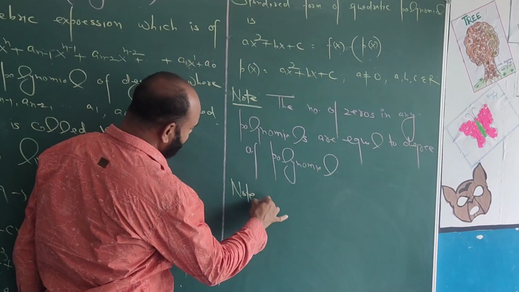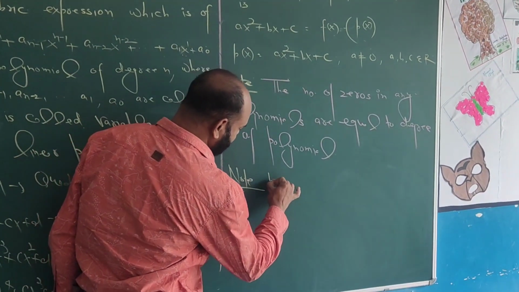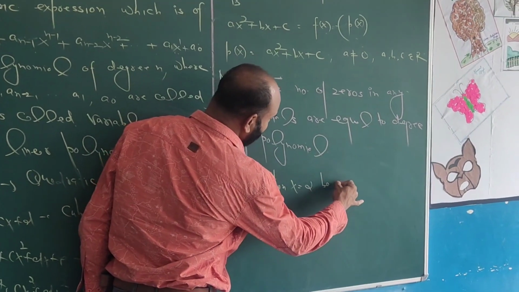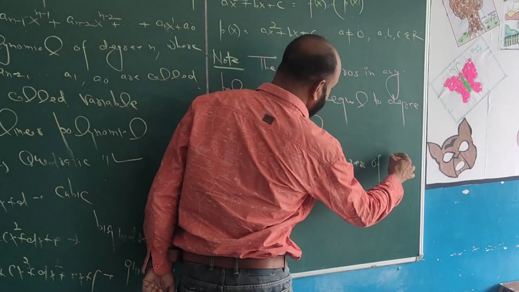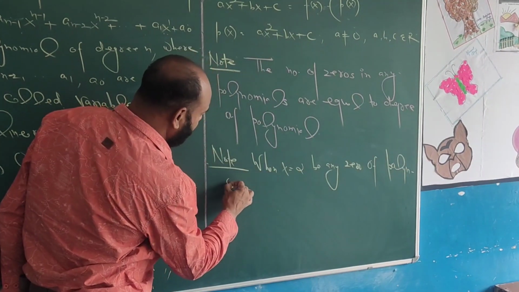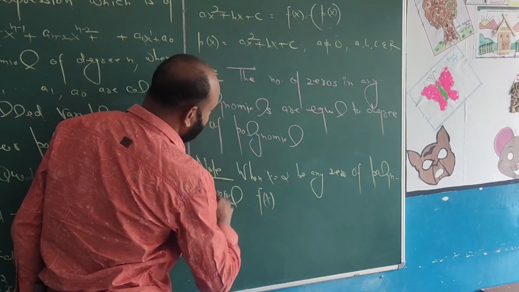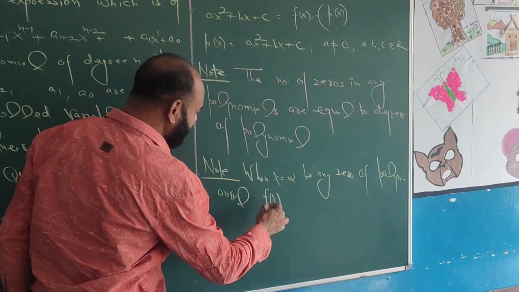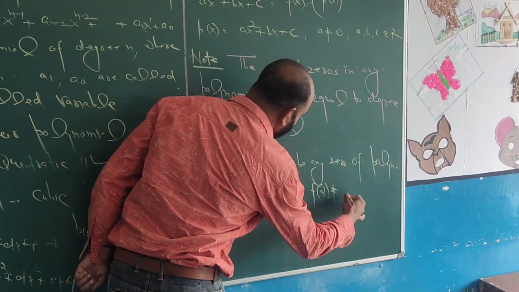And the second concept is also to be noted. When x equal to alpha is any zero of polynomial f of x, then f of alpha must be equal to 0.